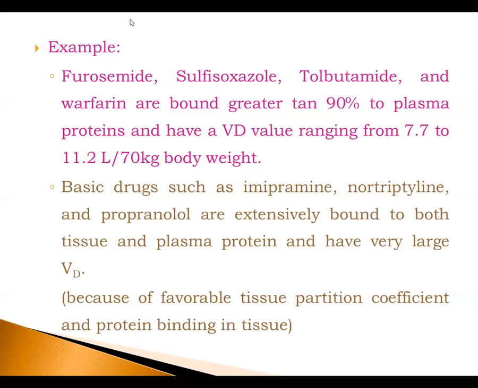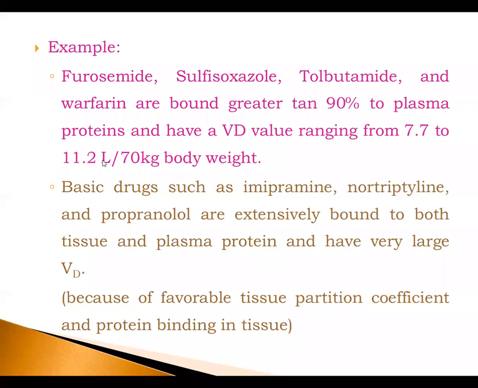Here are some examples to add to that. Furosemide, sulfisoxazole, tolbutamide, and warfarin are all bound greater than 90% to the plasma proteins. Because of which they have a volume of distribution value ranging from 7.7 to 11.2 liters. I don't expect you to memorize these, but look at the numbers.